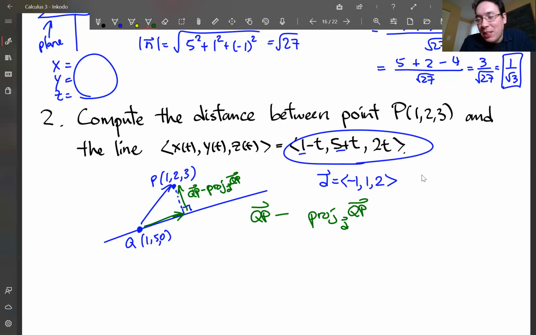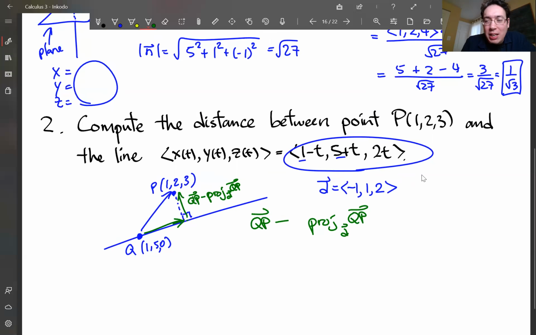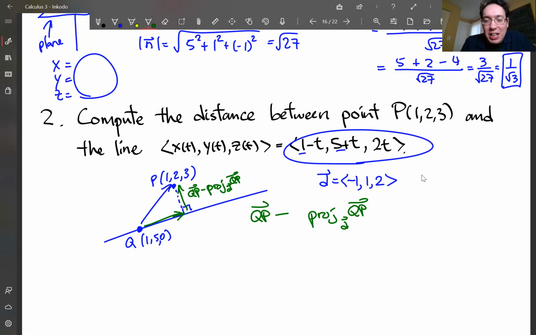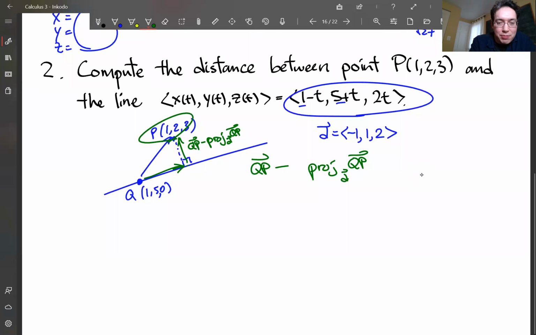I think I want to do something different this time. I'm going to use Calc 1. So I'm going to compute the distance between any old point on the line and the point P, 1, 2, 3. So the distance is going to be 1 minus t minus 1.